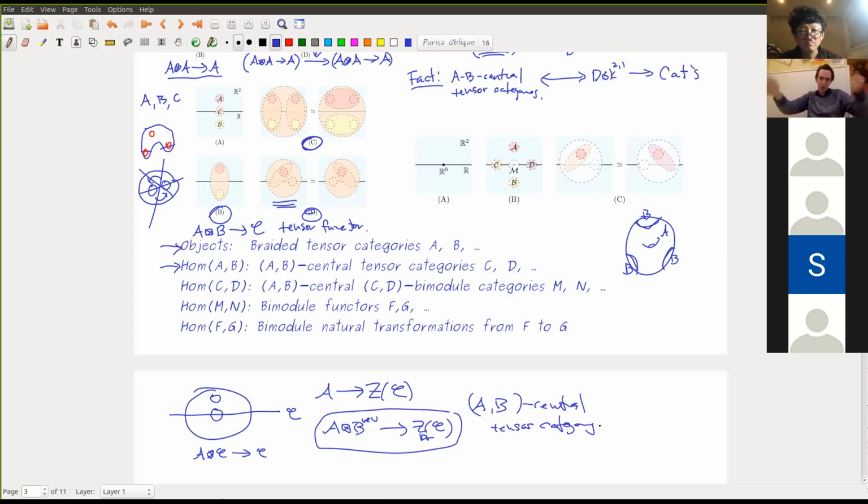An AB bimodule would give you a good sort of Morita theory between two associative algebras. And this thing, the AB central tensor category, is the stand-in. It's what serves as the bimodule, sort of one level of commutativity higher. And certainly the physicists in the audience, this will be very familiar.